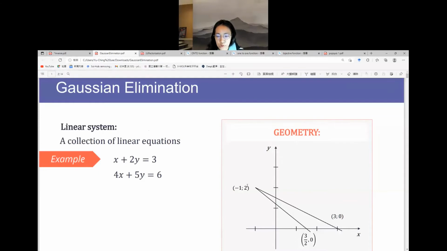You draw two lines and find the intersections of them. The intersections become the solution of this collection of linear equations, or the solution of the linear system.